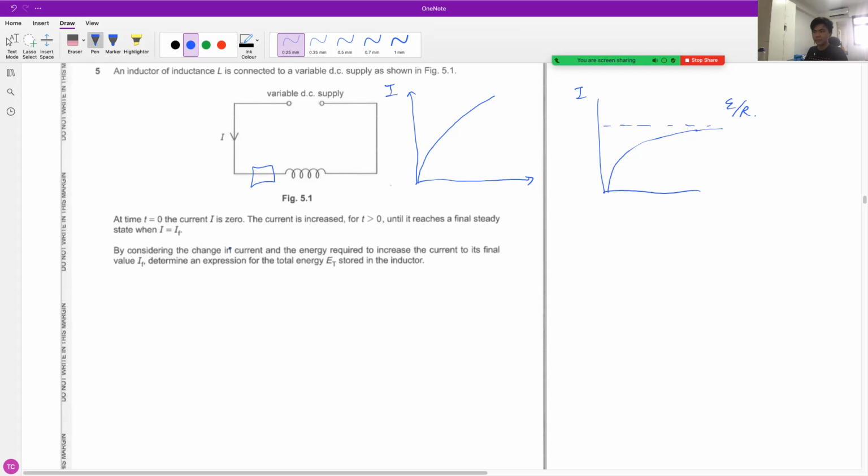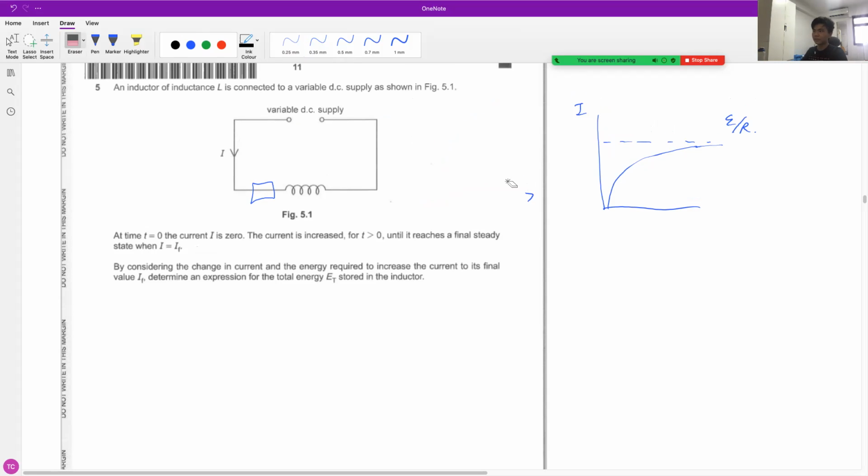Okay, so what we're told is that the current increases until it reaches a steady state, the final steady state. I'm assuming that the variable DC supply has some internal resistance that prevents it from supplying infinite current. So we are seeing a scenario like this on the right.